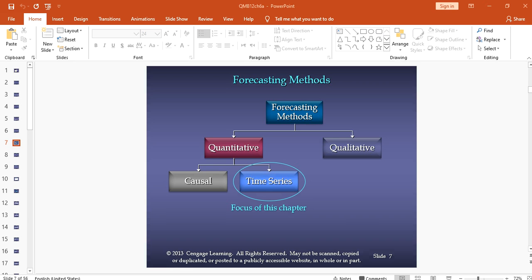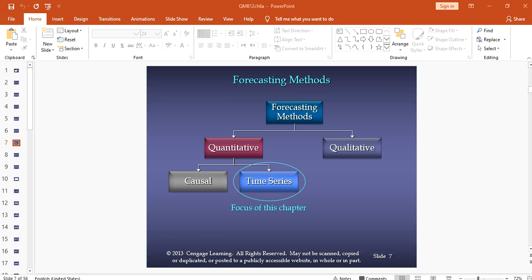As I said, it can be every minute, like stock prices, every hour, the same stock prices, oil prices. It can be on a daily basis, like the sales of a restaurant or a store. It can be weekly, again demand for any business.